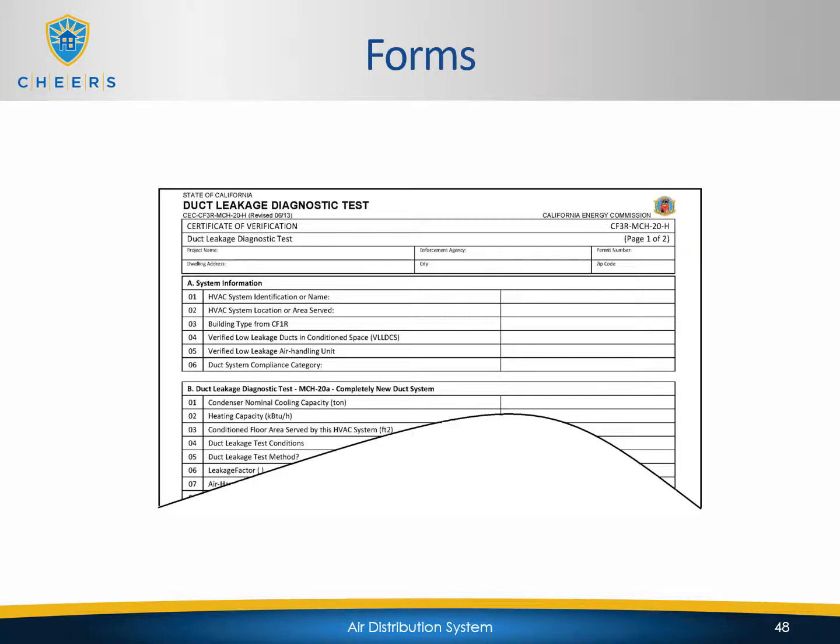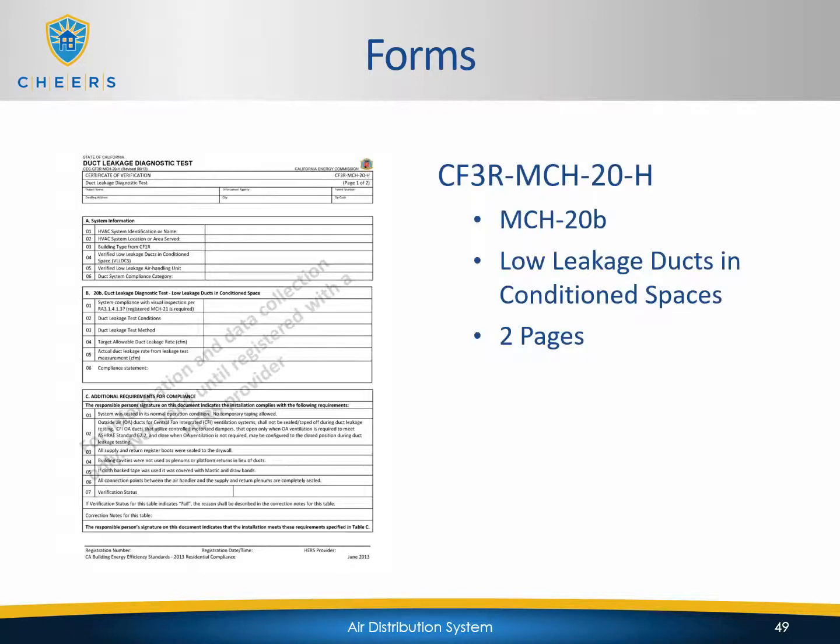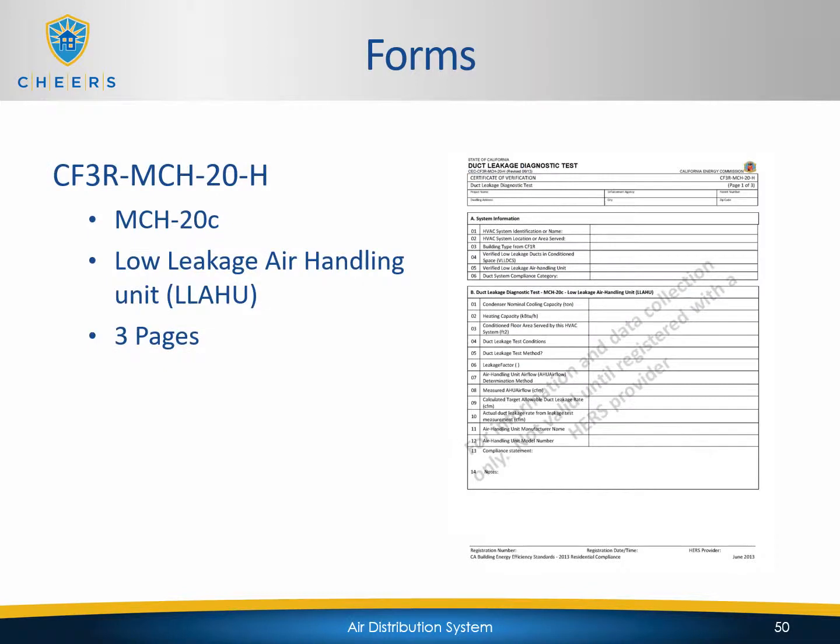And now we're going to list the forms that are used for these inspections. The CF3R MEC 20 Bravo is used for low leakage ducts in conditioned space. The CF3R MEC 20 Charlie is used specifically for low leakage air handling units.